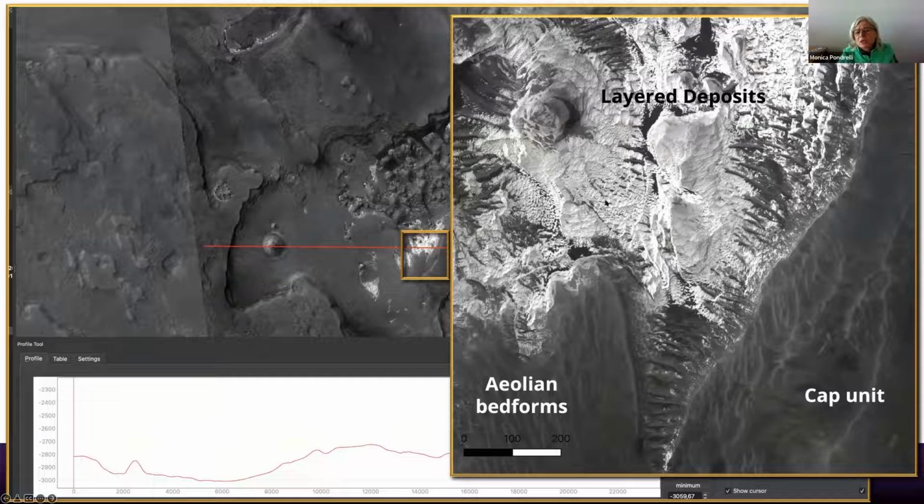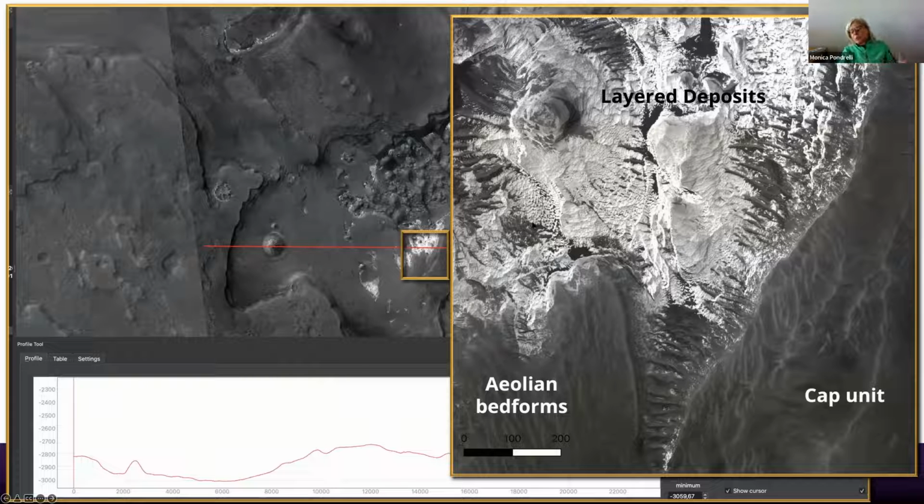We can see that they are maybe reworked by these probably aeolian landforms. They are covered by this cap unit, which is in turn reworked by these aeolian deposits, which appear to rework the sediments of the cap unit here, but these aeolian bedforms are also present on top of the layered deposits in different places.